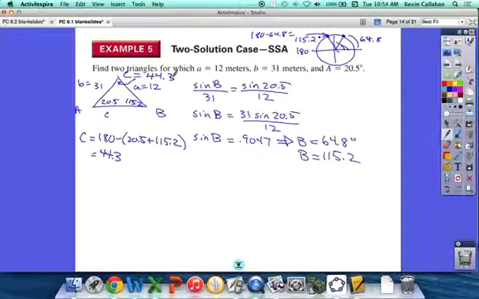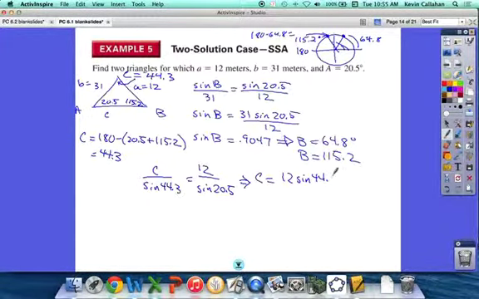And now we need to find side C. C divided by the sine of 44.3 equals 12 over the sine of 20.5. So that gives 23.9.